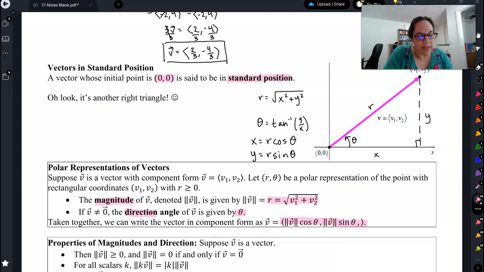Now, notice it does give you some new symbols. This little double absolute value sign is the symbol we use for r for vectors, for the magnitude. So just like how in chapter 6 we called it the modulus, and we use those absolute value signs around z, when we're talking vectors, we use double absolute value signs, but it's still found using the same equation.